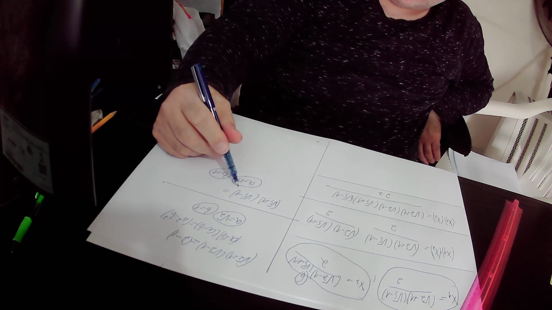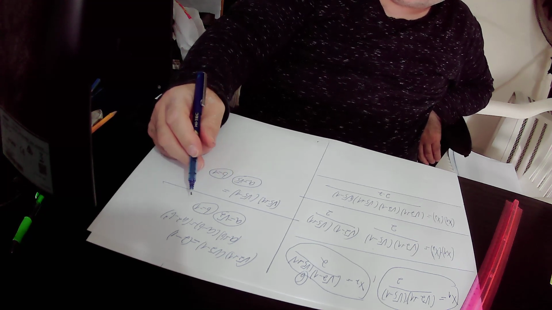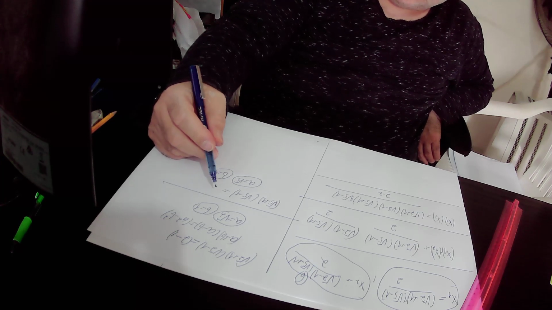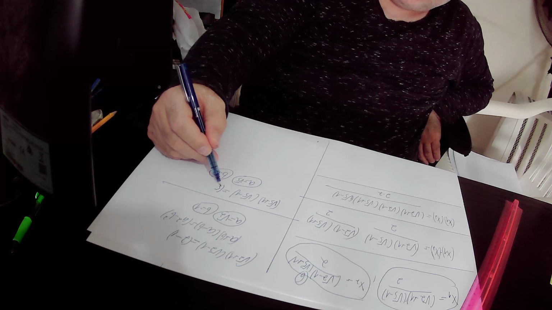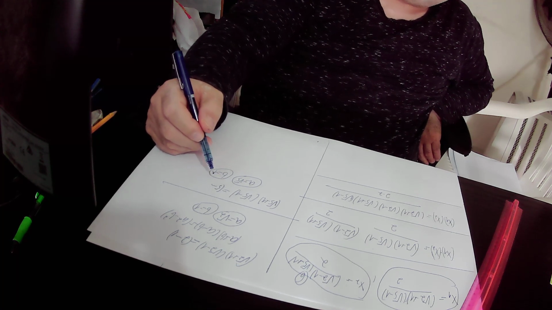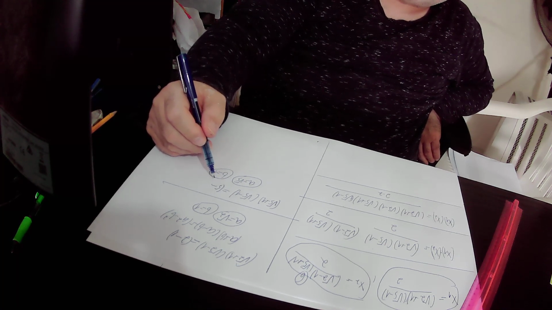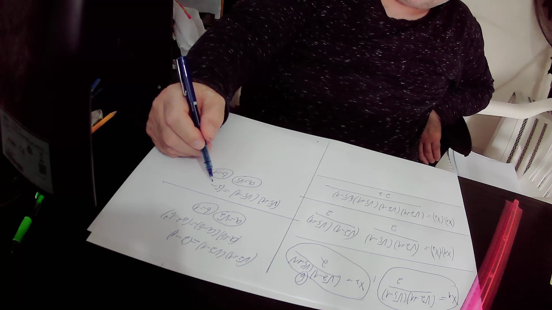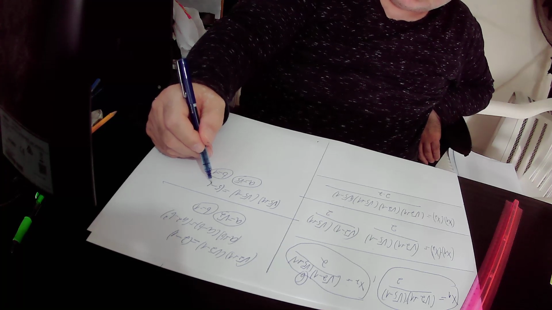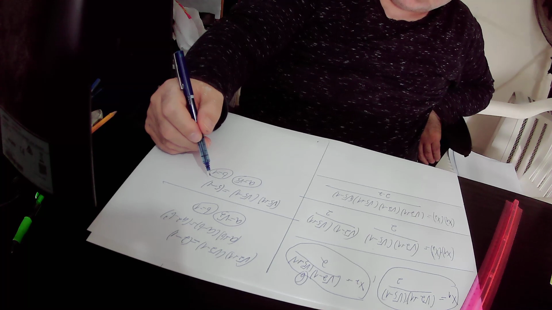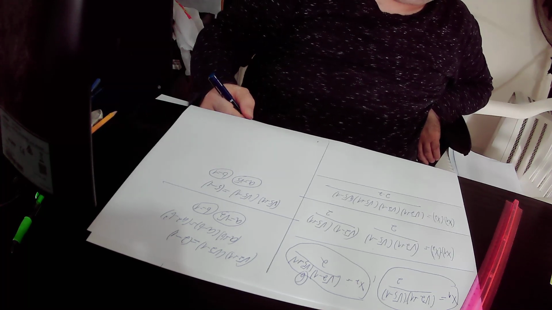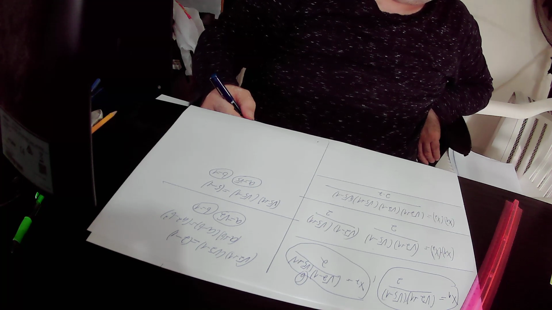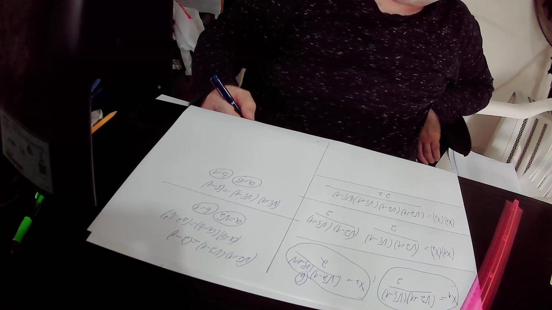So this expression must be equal to a squared minus b squared. A is square root of 5, so a squared is 5, minus b squared, b is 1, so b squared is 1, so minus b squared is minus 1. So in conclusion, square root of 5 plus 1 times square root of 5 minus 1 equals 5 minus 1. That is actually 4.